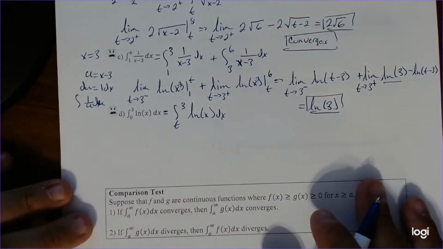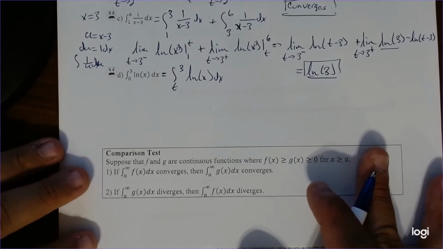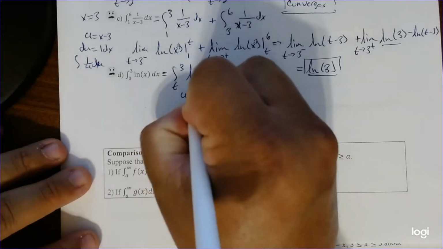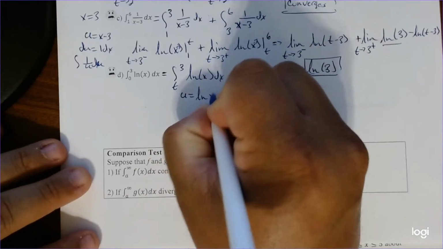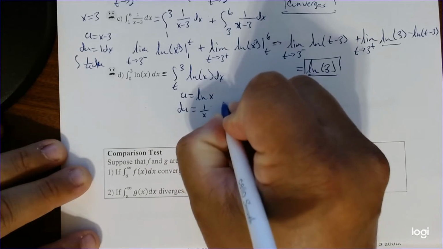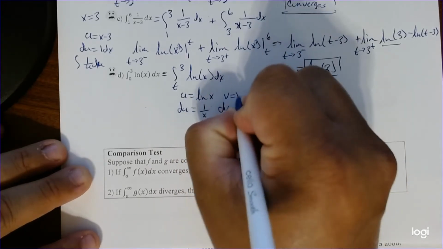Okay. And we actually did natural log earlier in the class, on the course when it came to it. I'll just quickly do it again just to verify, but so let u equal natural log of x, du equals 1 over x, dx, dv equals dx, and v equals x.